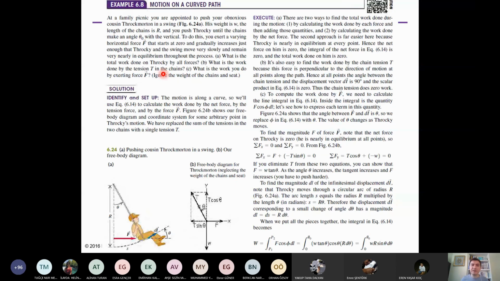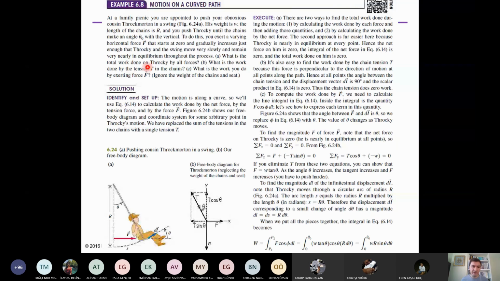If the system is very nearly in equilibrium throughout the process, you can consider that the net force acting on this guy is 0, okay, throughout the process. So now let's see the questions. What is the total work done on Throckmorton by all forces? What is the work done by the tension in the chains?